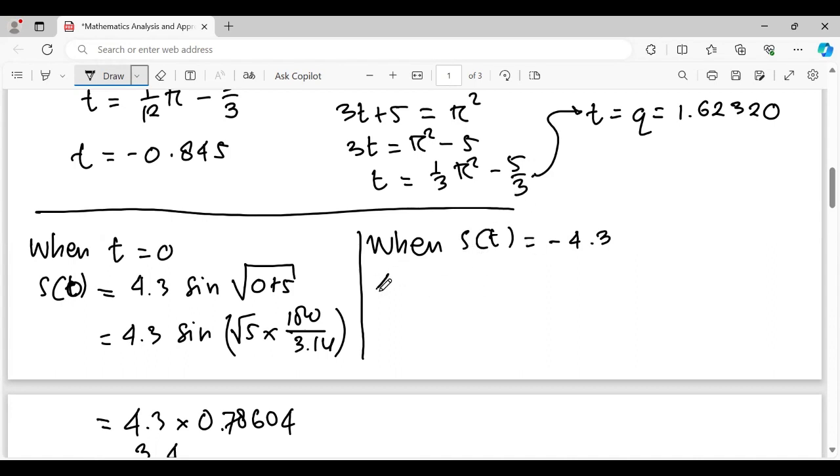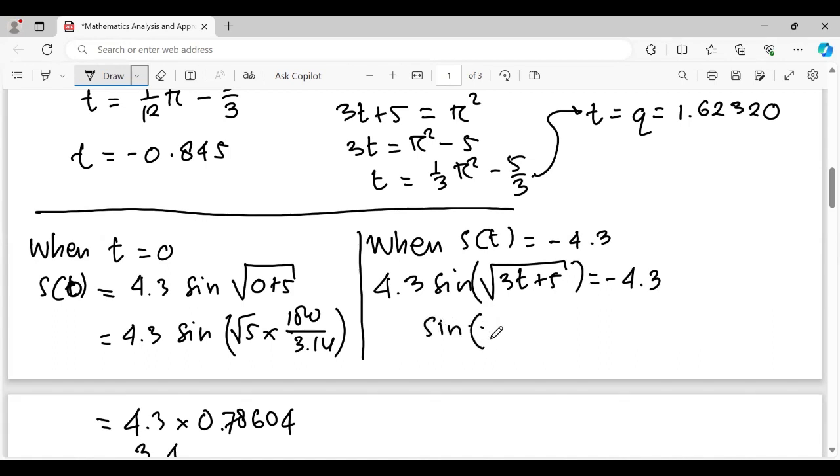So the equation will be 4.3 sine square root of 3t plus 5 equals minus 4.3, or sine square root of 3t plus 5 equals minus 1.